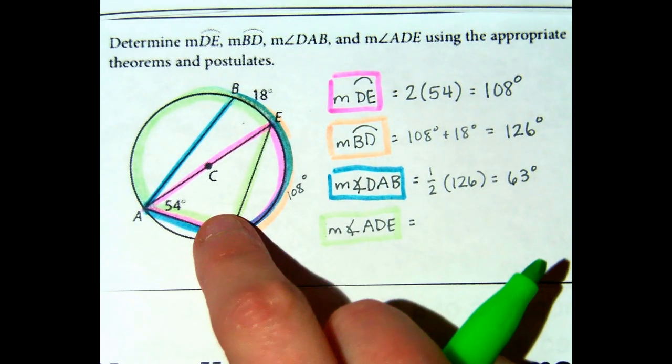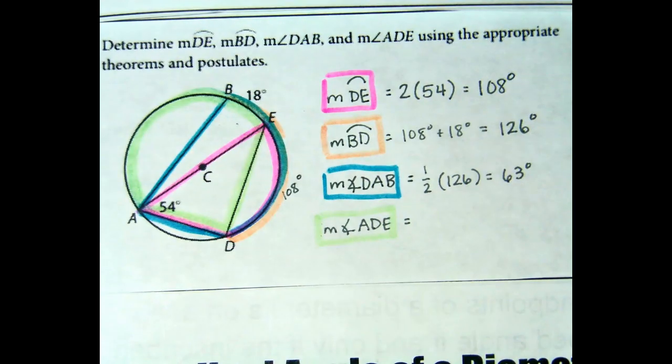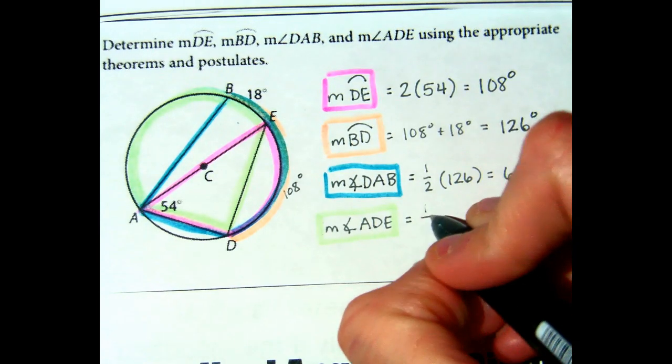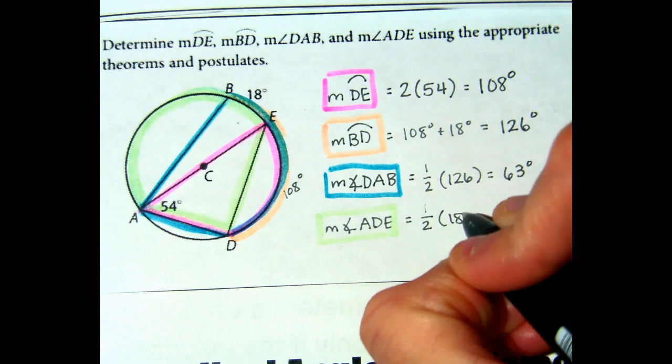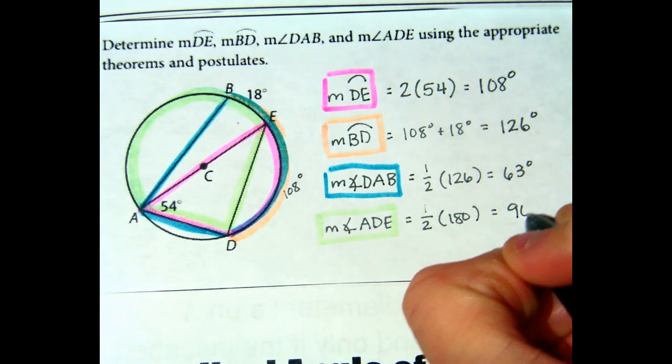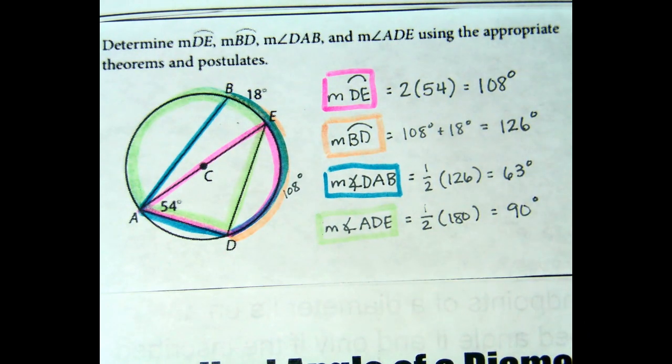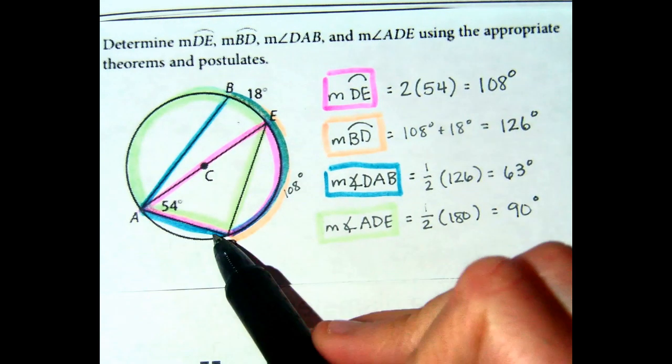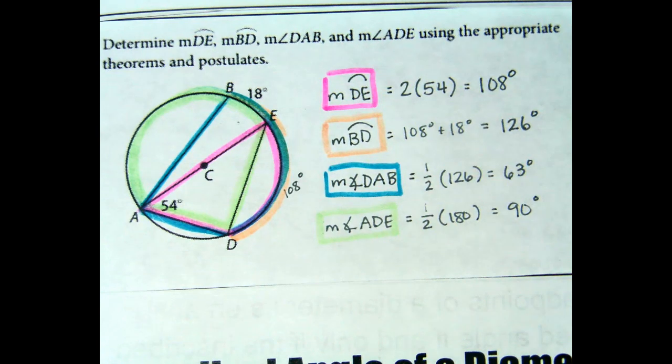What is the arc compared to the outside here? 1/2. 1/2 of 180 is how many? Could we find this missing piece? We could. 180 minus 108. It is possible, because there's 360 degrees in a circle, to find everything. There's a lot of stuff that you can find.